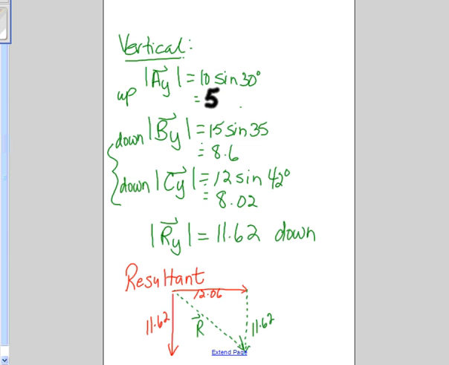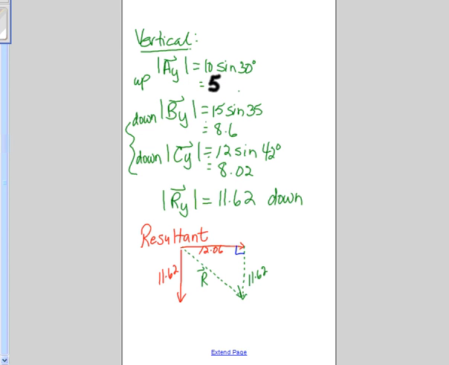If I want the magnitude of my resultant, I have created a right angle triangle with verticals and horizontals. I can use Pythagorean theorem. So to find the magnitude of my resultant, I have 12.06 squared plus 11.62 squared, and I have my resultant as a magnitude of the square root of 280.5-ish.